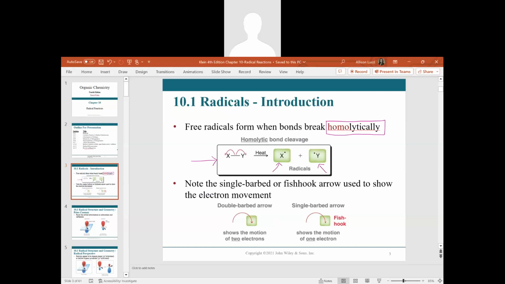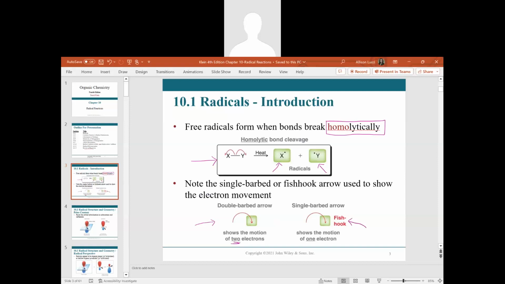So we indicate movement of electrons, previously in reaction mechanisms, using a double barbed arrow or a full-headed arrow, and that's showing 2 electrons moving. But when we talk about radical reactions and movement of single electrons, we're going to use a single barbed arrow, or what's commonly referred to as a fishhook arrow.